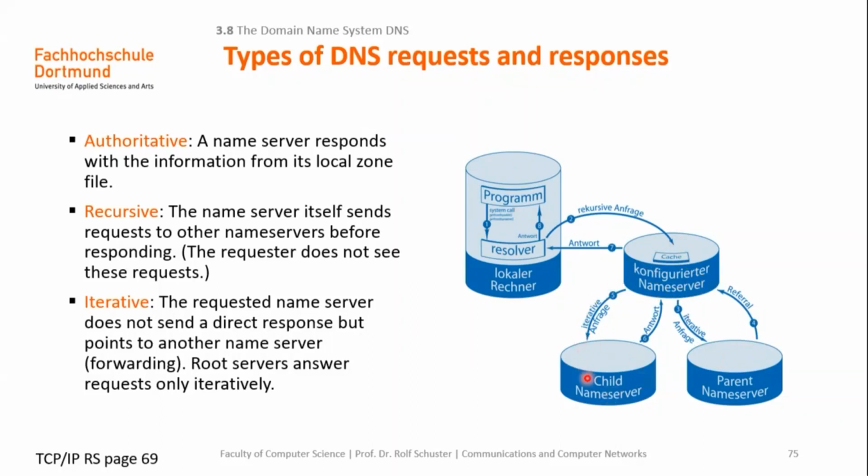If this name server responds with the answer with the information required originally by the recursive query, then this name server will answer this recursive query to the resolver, and finally the resolver brings this information to the user program.